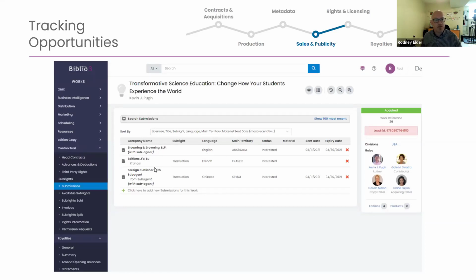So all of the deals that Editions Jaloux are interested in, so that you can perhaps focus on them more in the future. So rights and licensing have looked at what contracts and rights they have available. They've looked at metadata to help in promoting the book so far. And now they're recording their opportunities for selling rights.